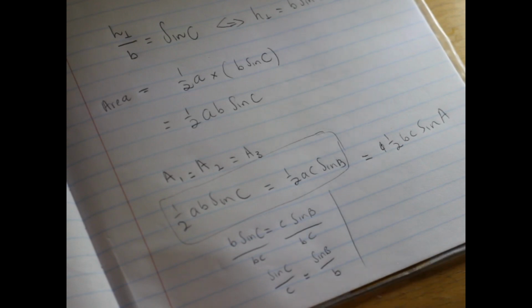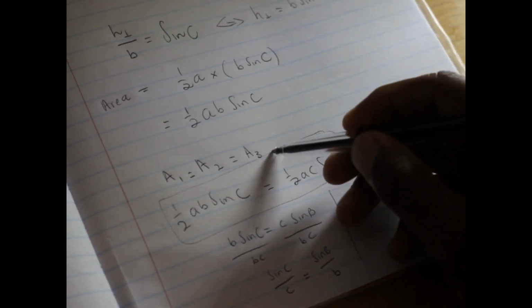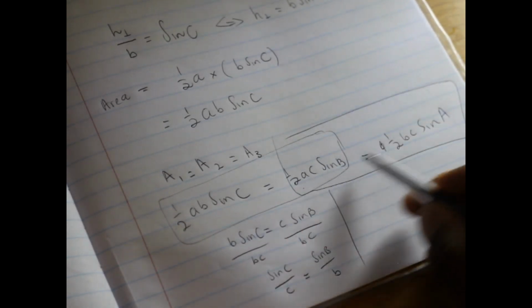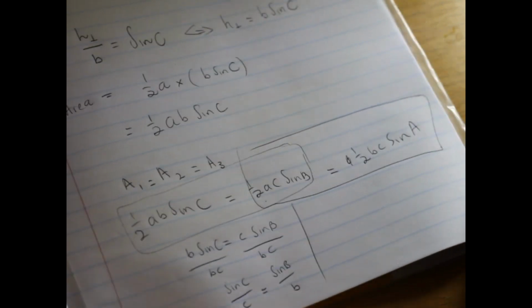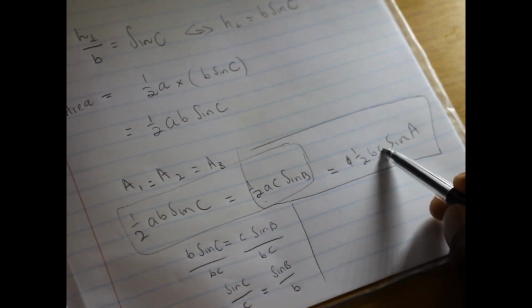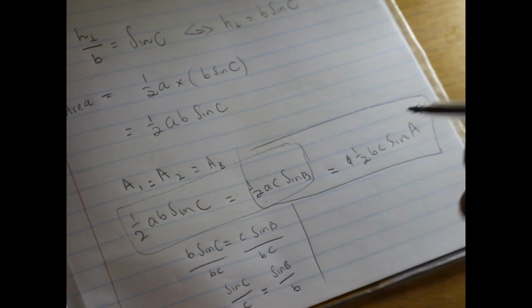And then we can do the same thing on the other side. We can see that 1 over 2 is common, 1 over 2, 1 over 2. And there's C here, there's also C over there. So 1 over 2 and the C cancel out.